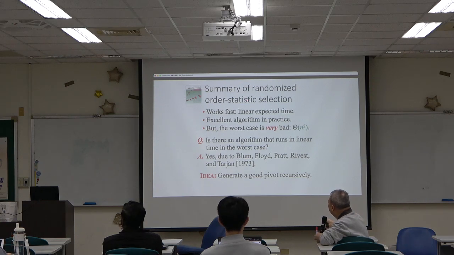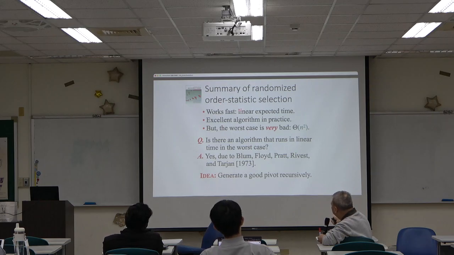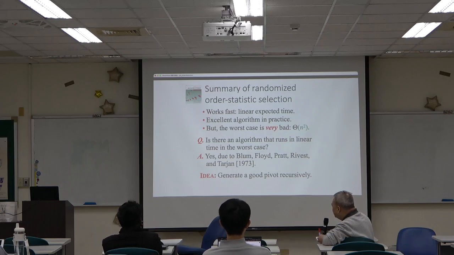So, summary. The randomized approach works fast. Linear expected time, and it's an excellent algorithm in practice. But the worst case is still n squared. So is there an algorithm that runs in linear time in the worst case?